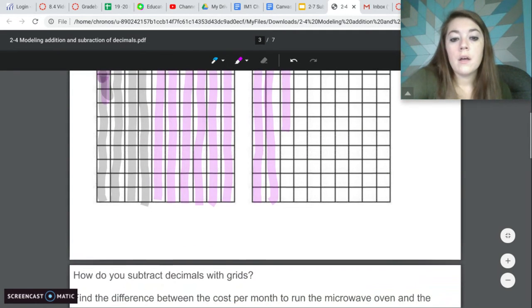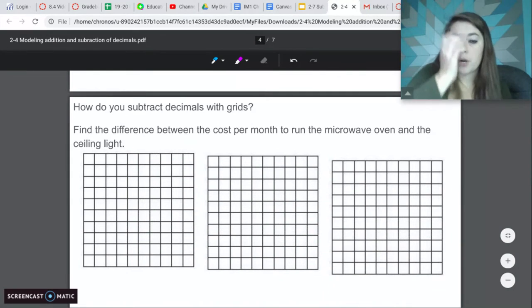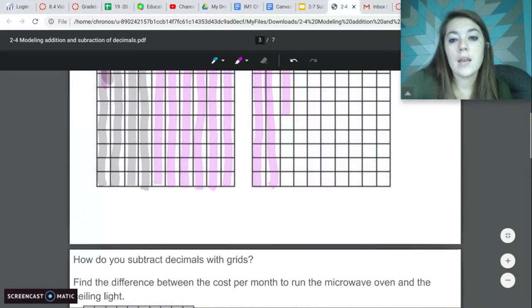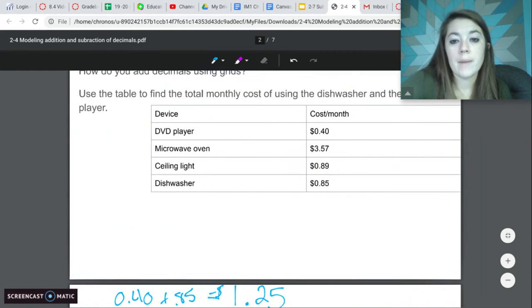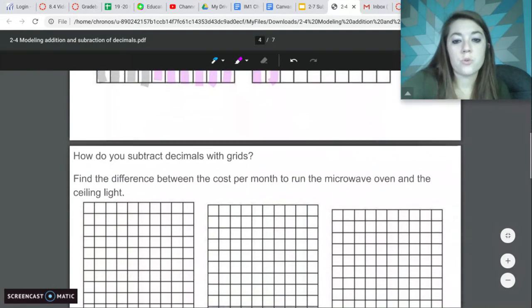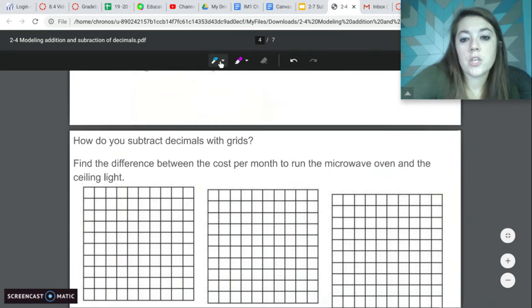Okay? All right, now we're going to look at it in terms of subtracting. So we want to find the difference between the cost per month to run the microwave and the ceiling light. So the microwave, okay, we're going to change this up. We're actually going to do it between the ceiling light and the dishwasher. Okay, we're going to look at the difference there. So let me change that.